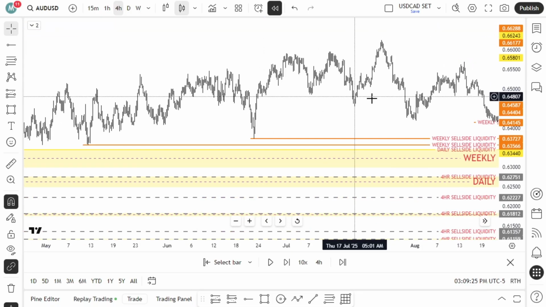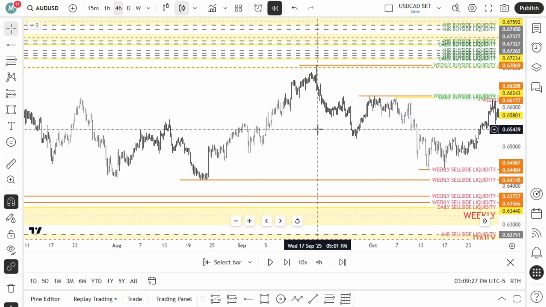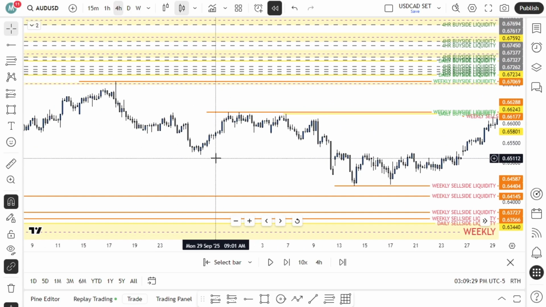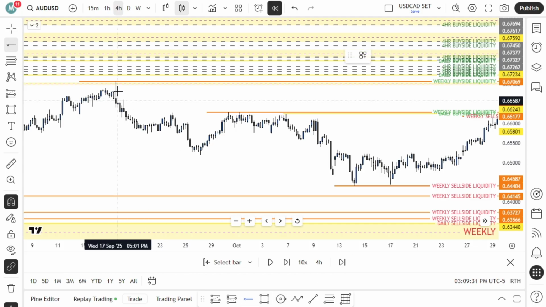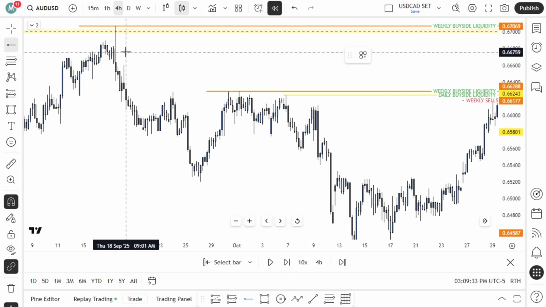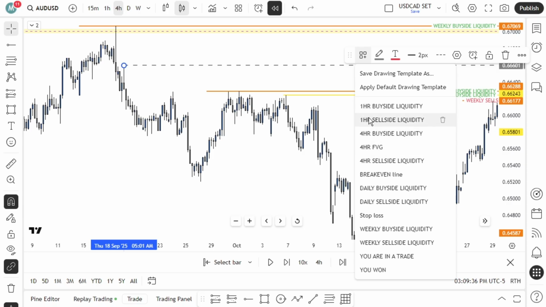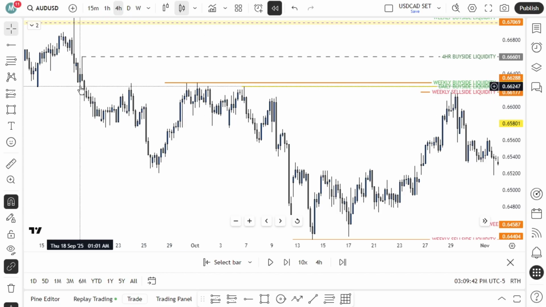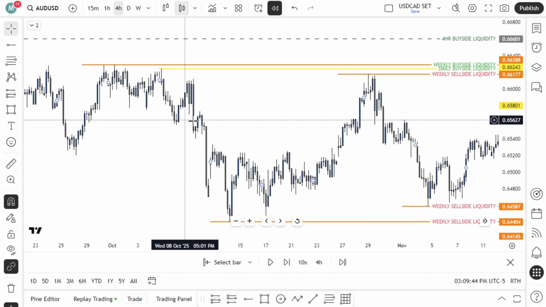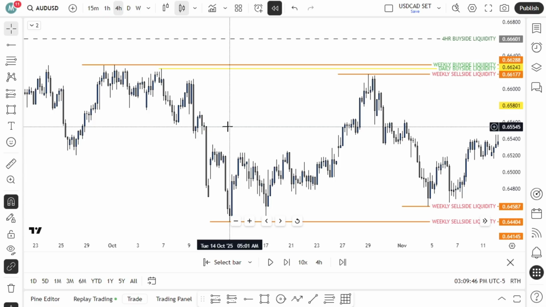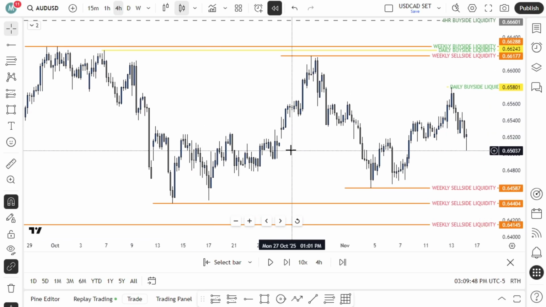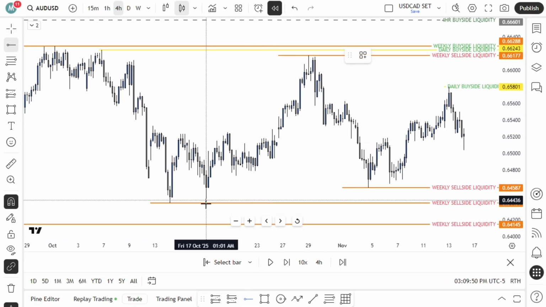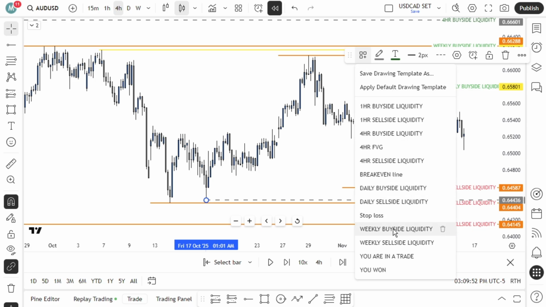Now let's scroll over and mark out our levels. We have one over here for our buy side. You have a next for our sell side here.